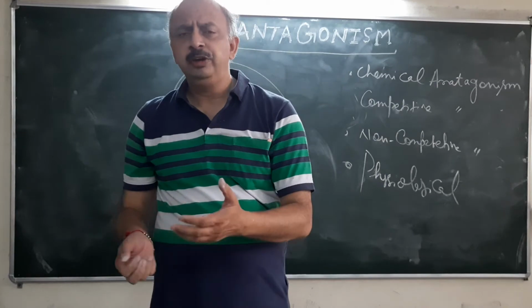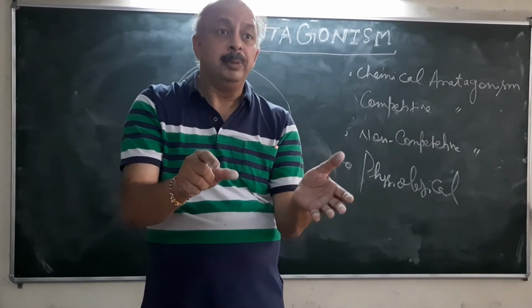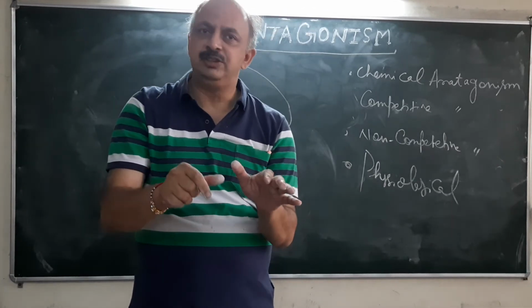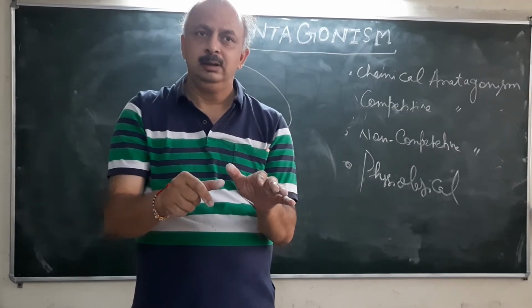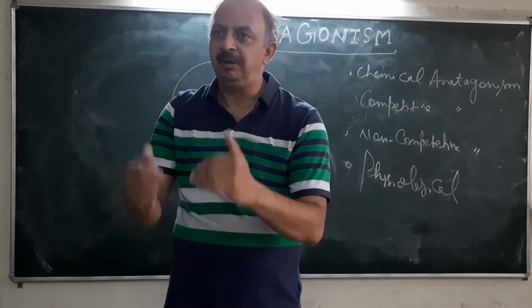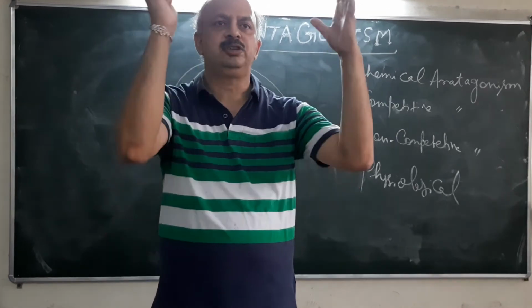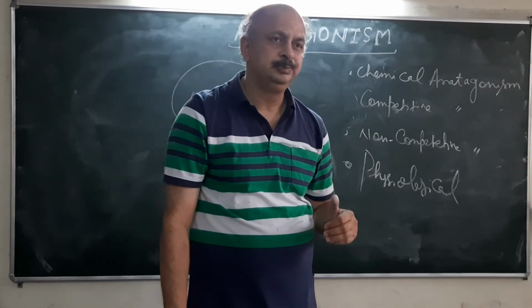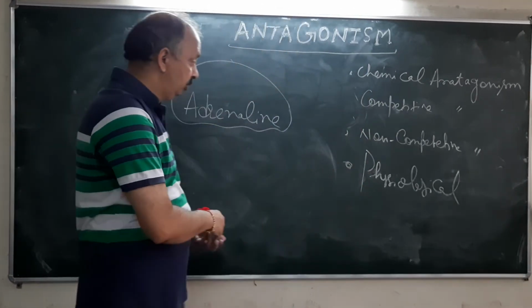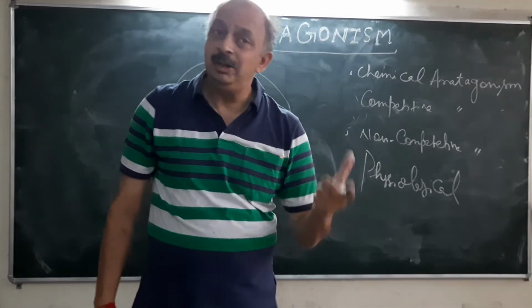And the physician, without knowing that the person may be sensitive to penicillin, without having a sensitivity test, injects the penicillin. What happens? When penicillin goes inside the human body, it acts as an antigen.